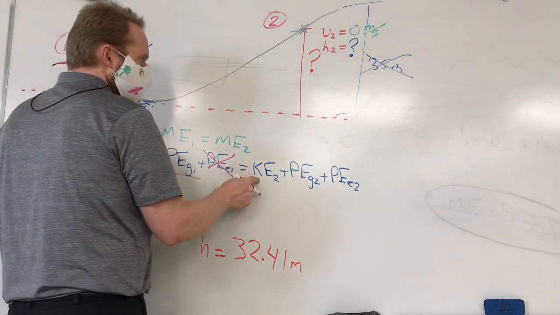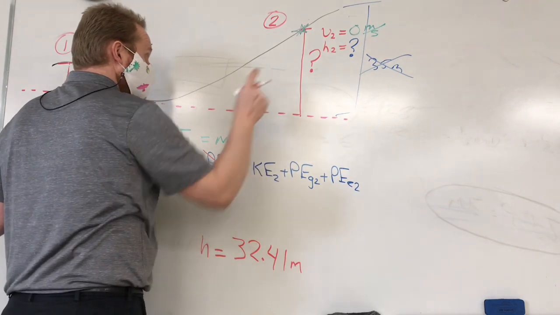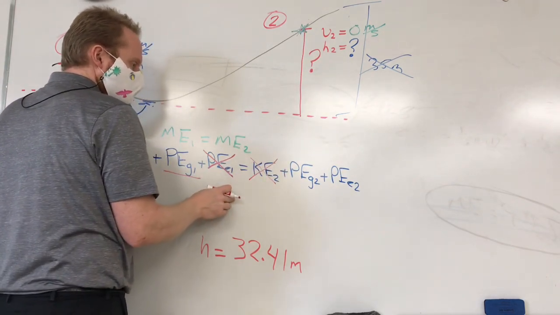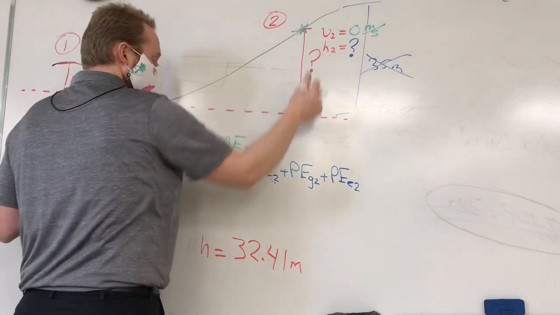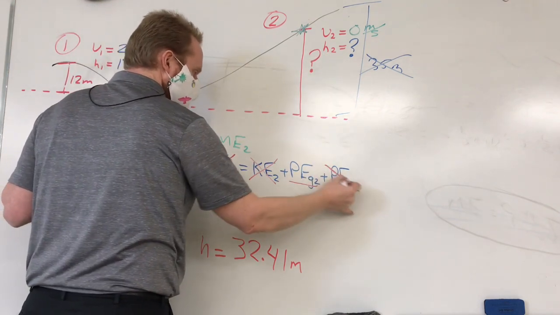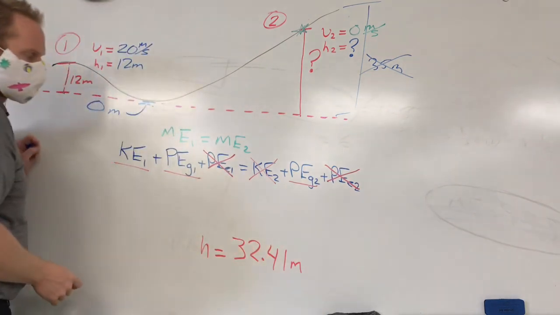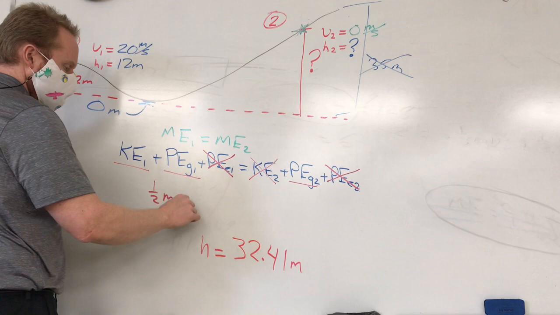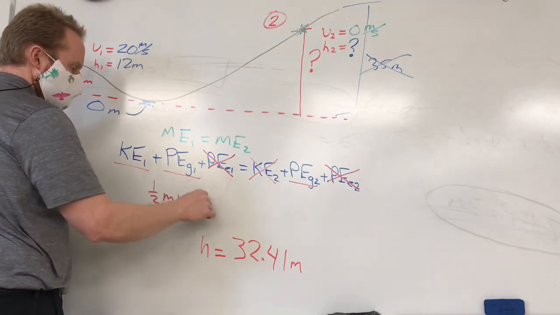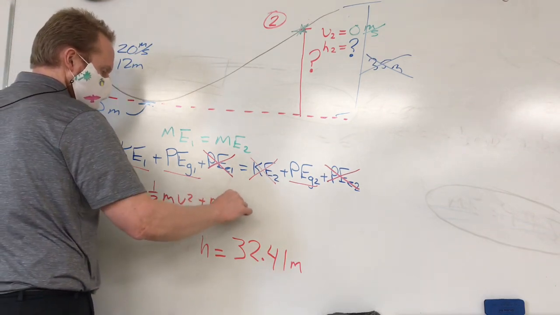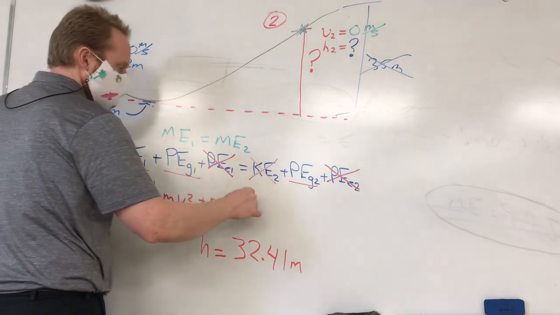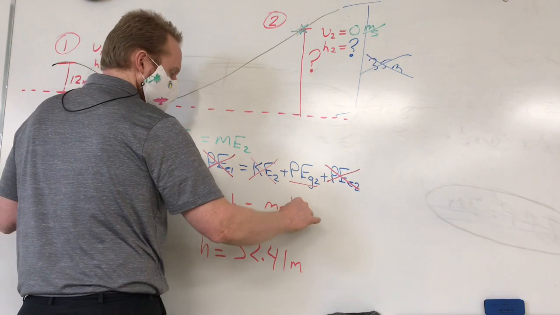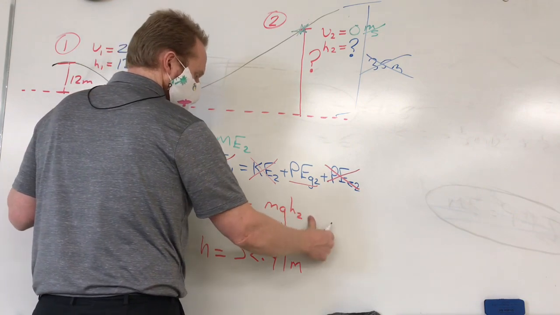At location 2, we said V2 is equal to 0, so therefore no KE2. At location 2, we said there was an H2, we just don't know what it is, and there's going to be no spring. What this breaks down into is KE is 1/2 M V1 squared, plus PEG is M times G times H1, plus 0, which is equal to 0, plus M times G times H2, plus 0.